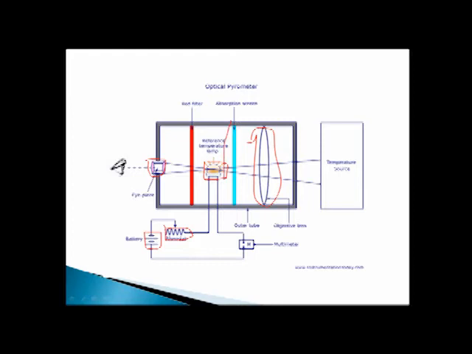An absorption screen is fitted between the optical lens and the reference bulb. A red filter placed between the eyepiece and the reference bulb helps in narrowing the band of wavelength.